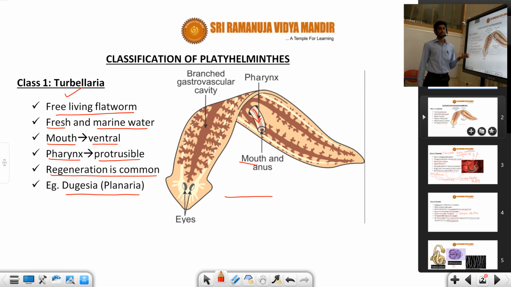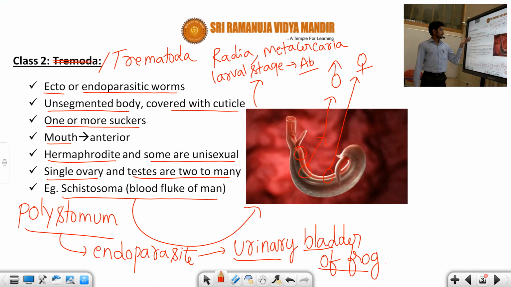And the other one we discussed is class Trematoda. It is both an ectoparasite and endoparasite. The body does not have any segments, so it is an unsegmented body, and it is covered with a cuticle layer, a waxy layer, students. It has one or more suckers, and the mouth is in the anterior part.